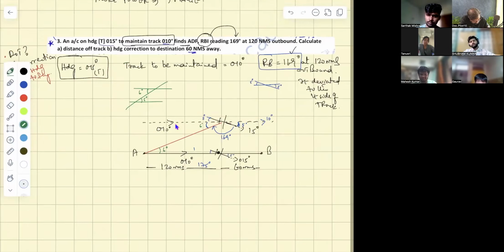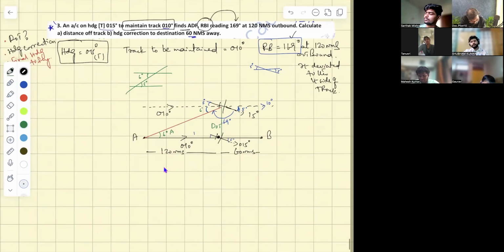Now I want to find out how much it got deviated. Distance off track. You have A. Distance gone is 120 nautical miles so far. So the angle A is equal to DOT by DG into 60.